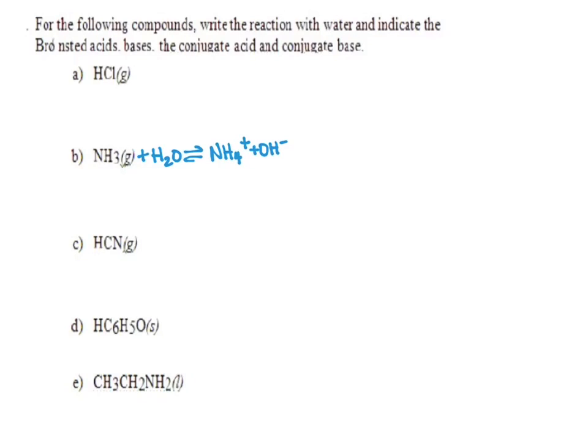We could have had NH3 plus H2O, and we could have gotten NH2 minus plus H3O plus, just because NH3 is one of those weird ones that can do that.